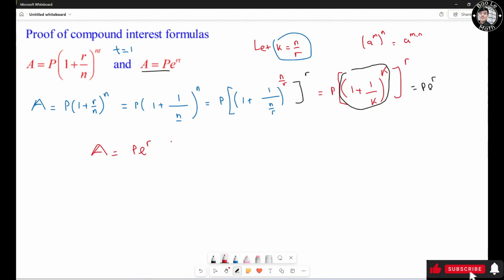The amount a after t years, due to a principal p invested at an annual interest rate r compounded continuously, is a equals p times e raised to the r times t. This is the formula, and we just proved the formula.